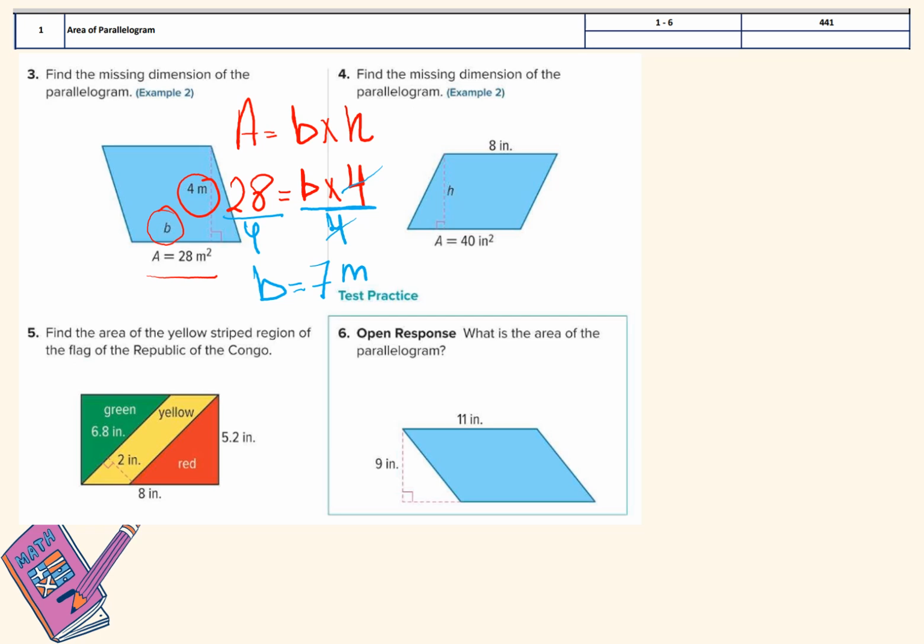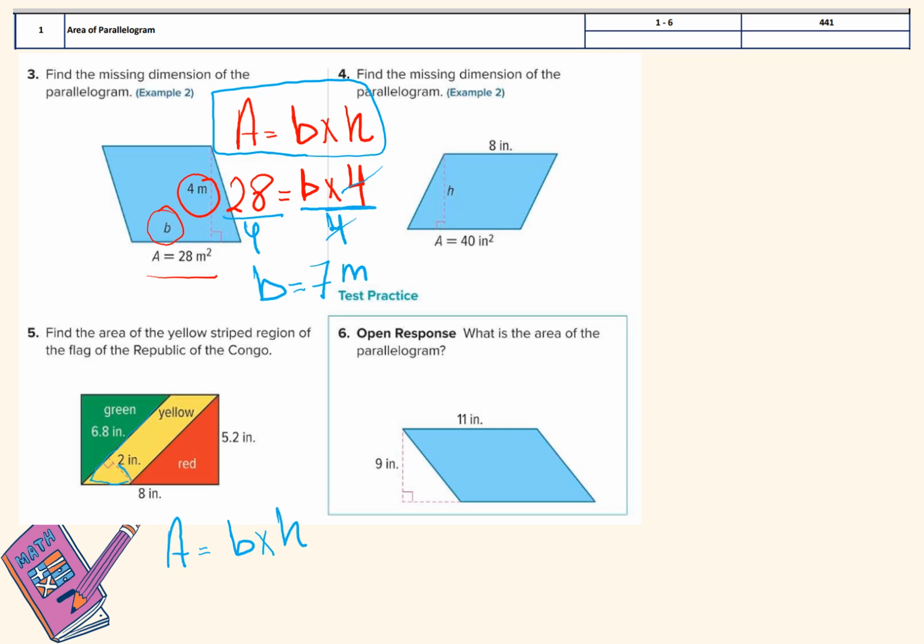Find the area of the yellow striped region of the flag of the Republic of the Congo. So as you see, the yellow region has the parallelogram shape. So I'll be using also the same formula I used here, A equals B times H. Now, let's identify the base and the height.